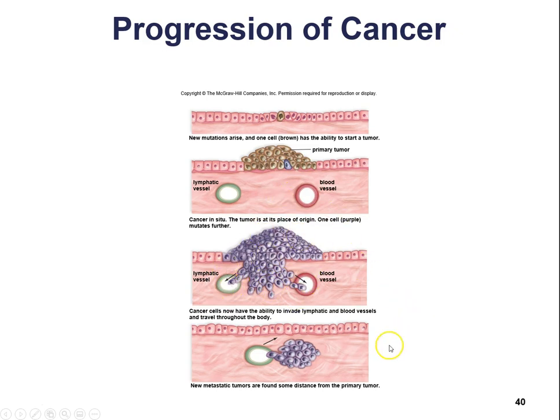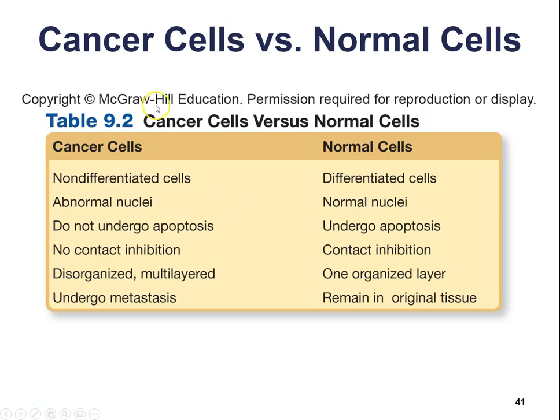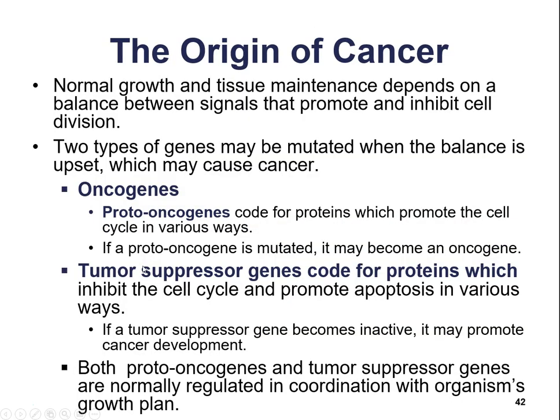And move on to distant places and form tumors in other places as well. So you can see that it starts out from a mutation, right? And then it progresses further, okay? All right, so these are the characteristics of cancer cells versus normal cells that we mentioned. Be familiar with these, understand this, right? These are things that we talked about already.